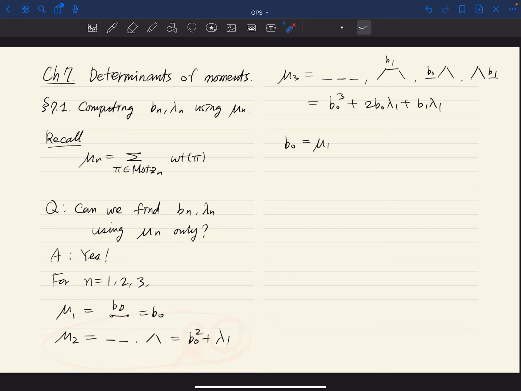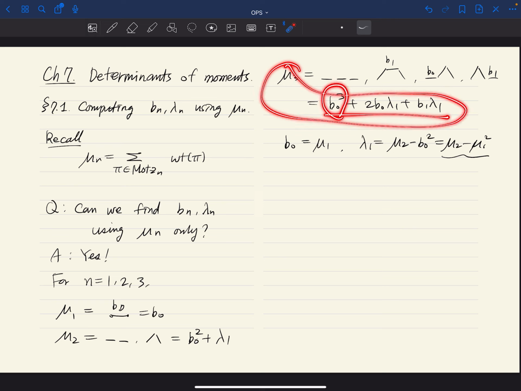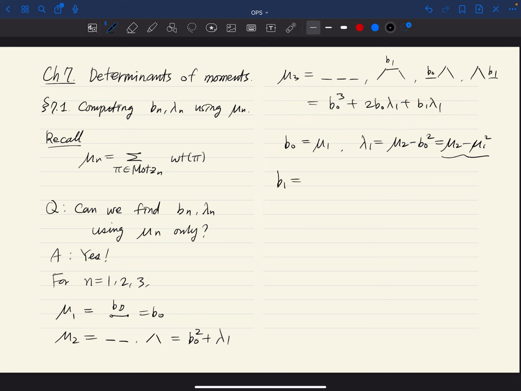So we can write lambda 1 as mu 2 minus b0 squared, which is mu 2 minus mu 1 squared. Everything in terms of mu. And finally, here, we know this and this and this, so we can compute b1. Lambda 1 is non-zero, if you remember.